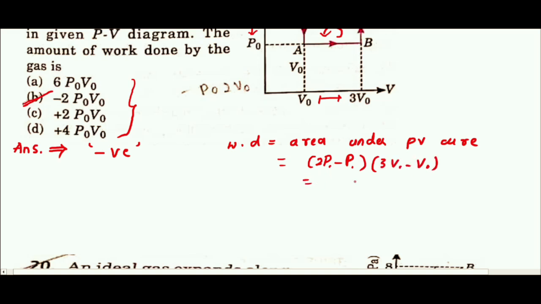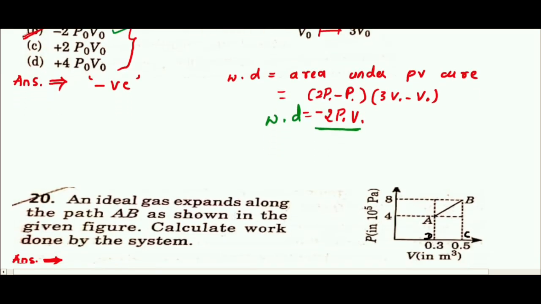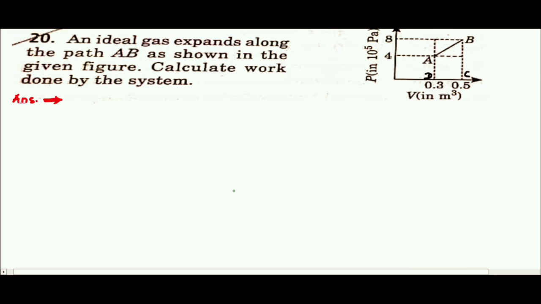Here we get P naught and here we get 2 V naught, that is 2 P naught V naught. Since this is in anti-clockwise direction, we have taken a negative sign, so work done will be minus 2 P naught V naught. Is the fifth question clear?